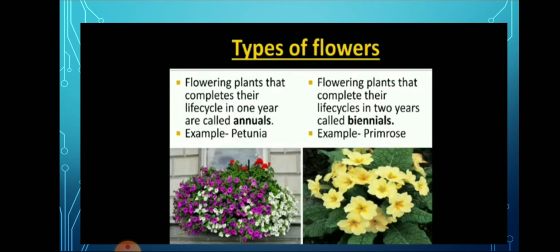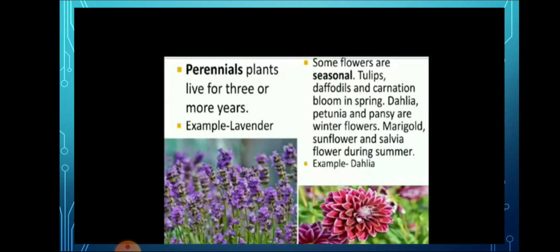Types of flowers. Flowering plants that complete their life cycle in 1 year are called annuals. For example, petunia. Flowering plants that complete their life cycle in 2 years are called biennials. Example, primrose.